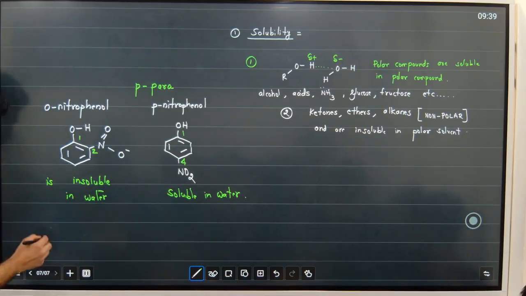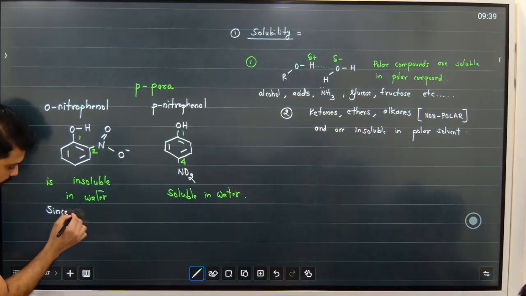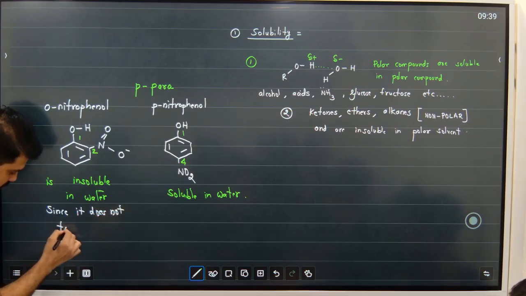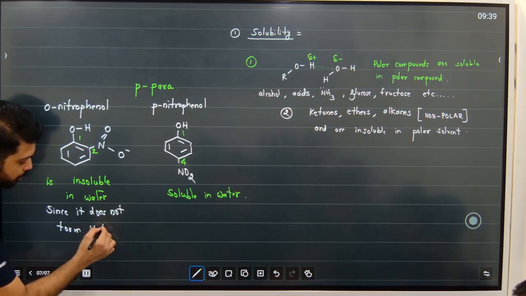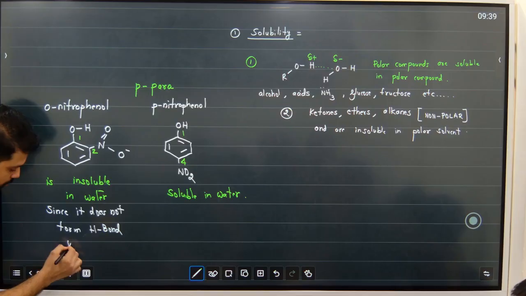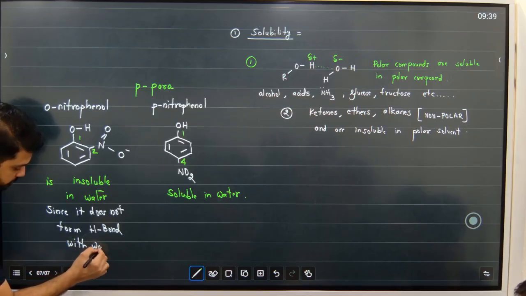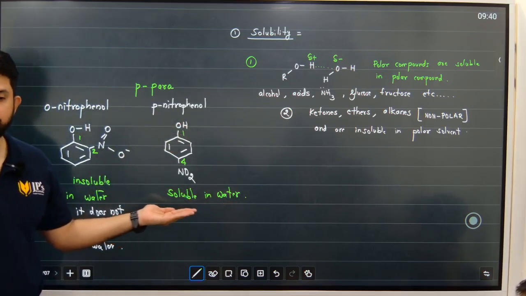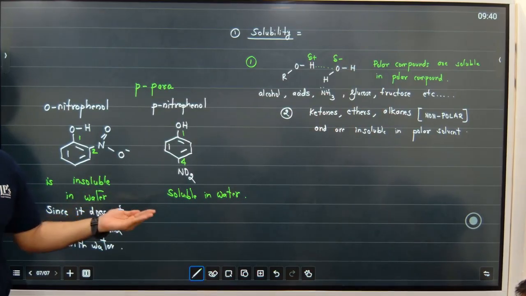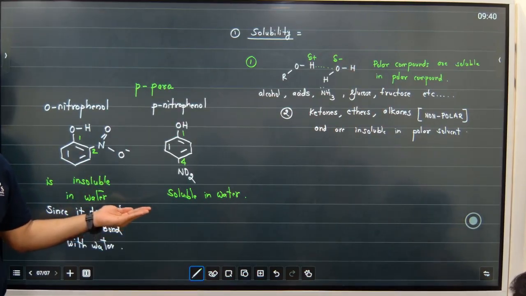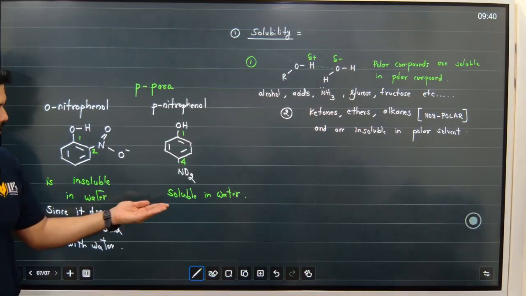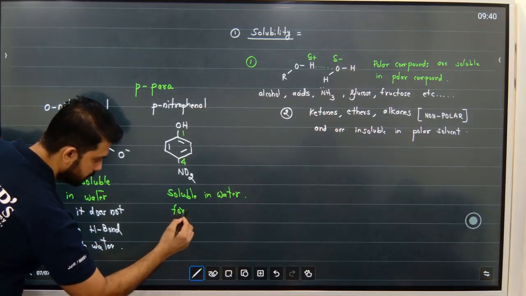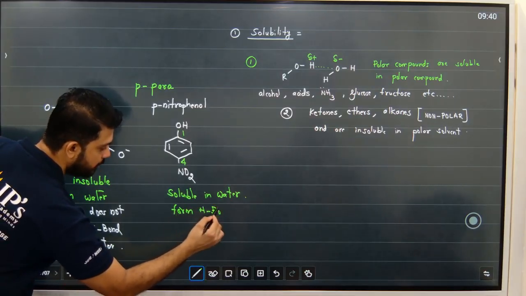It is insoluble in water since it does not form hydrogen bonds with water. And why do you think paranitrophenol is soluble in water? Because it forms hydrogen bonds with water. Did you get that? It is as simple as that. If it is soluble, it forms H bonds with that particular polar solvent.